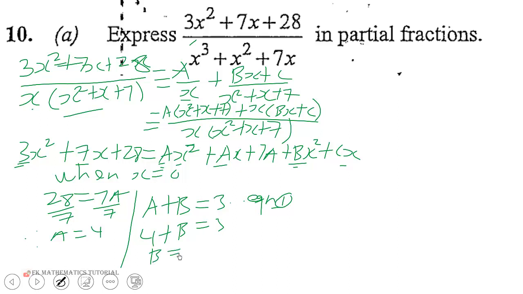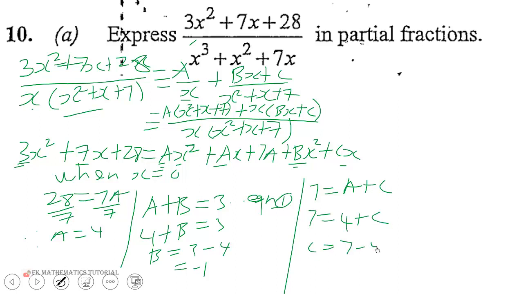So b will be equal to 3 minus 4, which is equal to -1. Again, comparing the coefficient of x, we have 7. 7 is equal to a plus c. So 7 is equal to 4 plus c. So c will be equal to 7 minus 4, which is equal to 3.